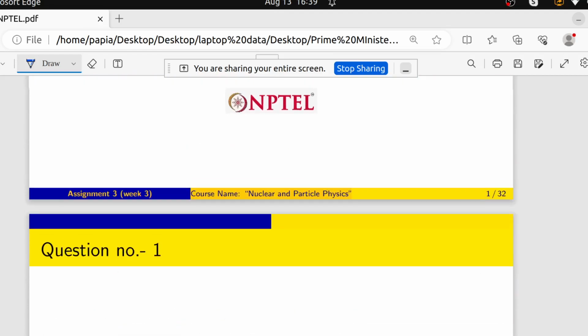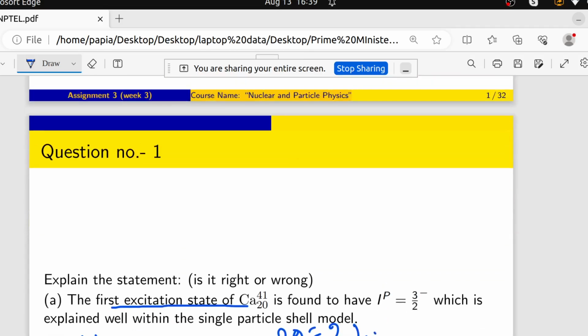So they were asking whether the statement that the first excited state of calcium-41 has J-P 3/2 minus, which is explained well within the single particle shell model, is correct or not. Obviously we have found that J-P is 3/2 minus within the single particle shell model itself.